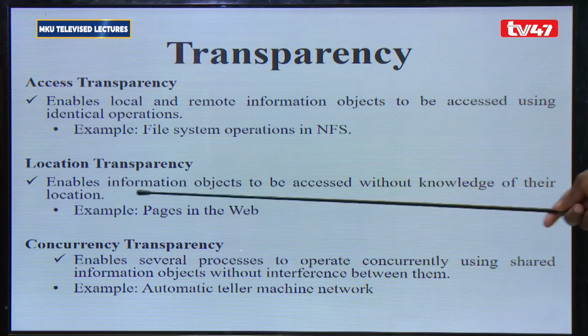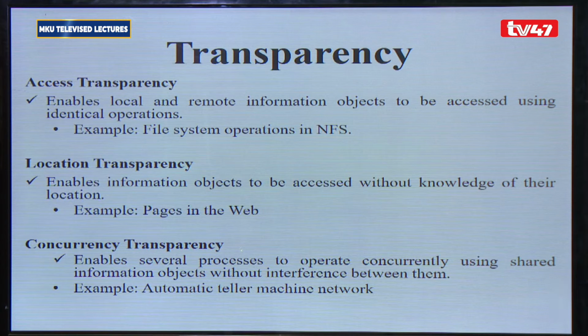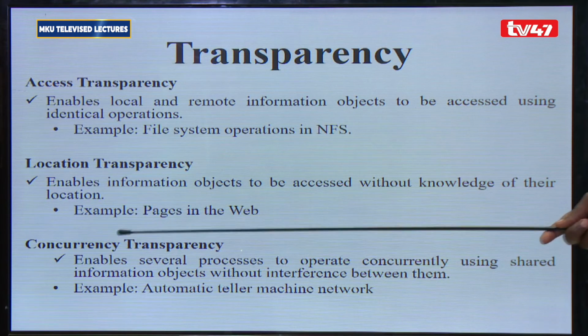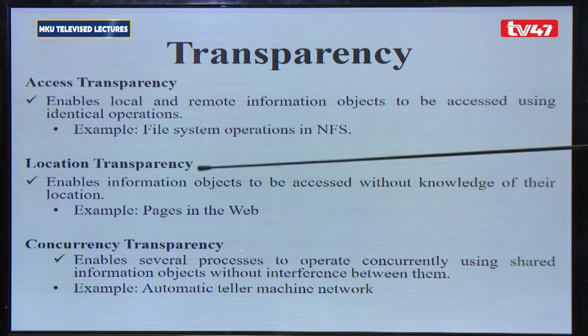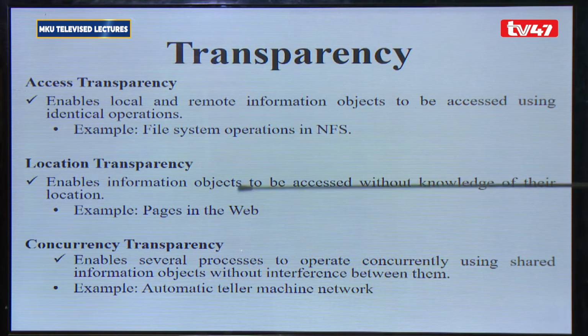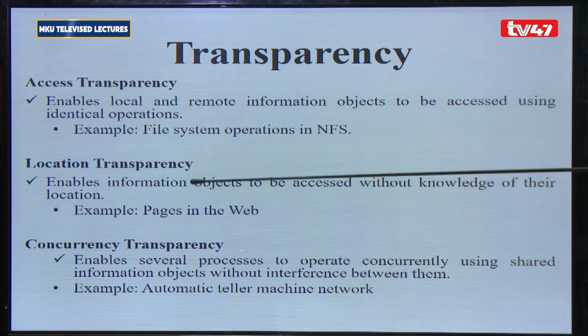So there's always that location transparency. And in case you have issues with location transparency, mostly on the internet, which we gave as an example of a distributed system, you have the option of creating a virtual private network that will prevent users from seeing your location and solve the issues about location transparency.